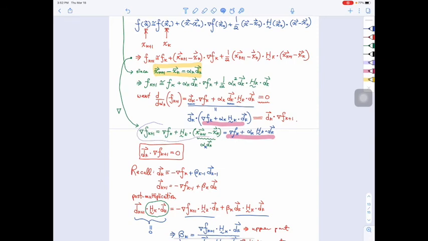From that equation, and I'm going to copy it right here. dk dot.